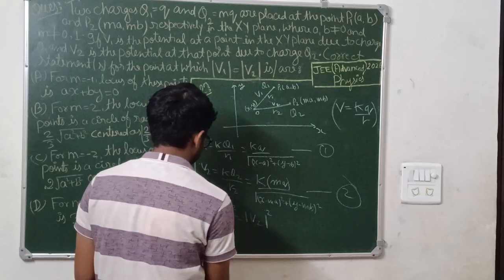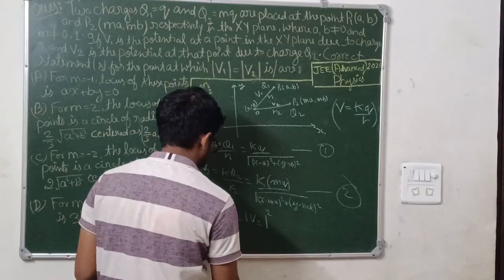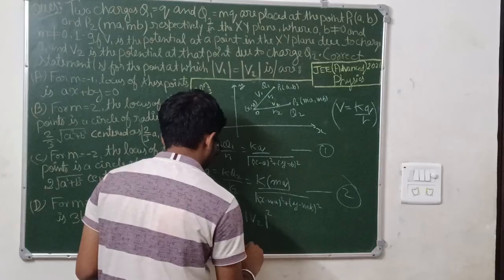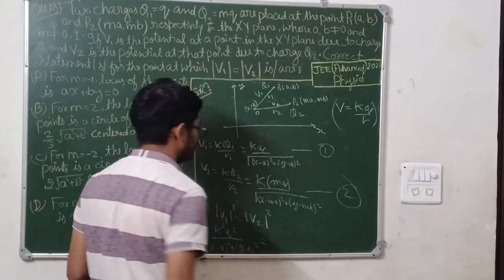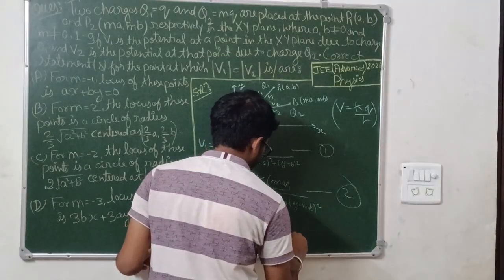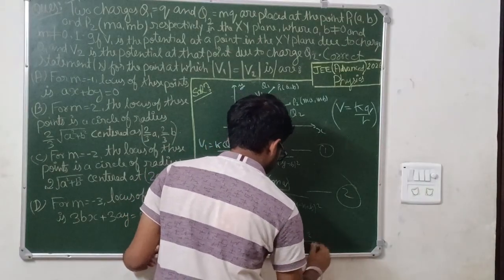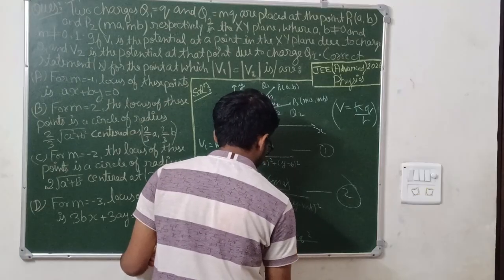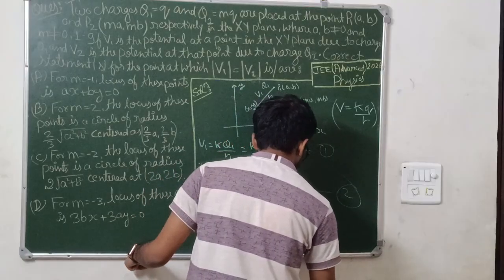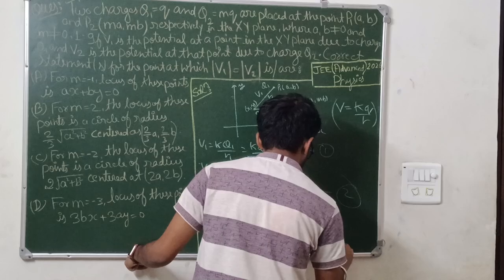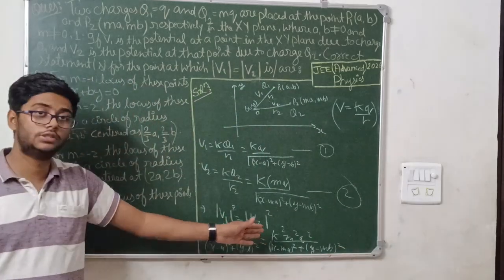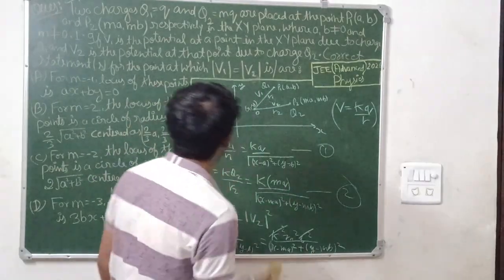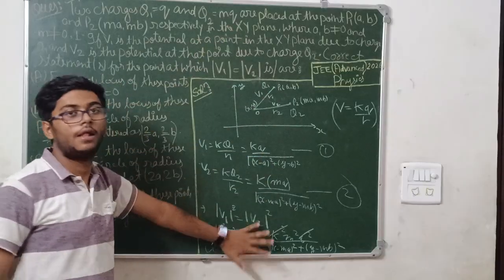I am writing it up: k square q square upon (x minus a) whole square plus (y minus b) whole square is equal to k square m square q square upon, not under root, (x minus ma) square plus (y minus mb) square. See, now k square q square is cancelled here and the equation remains.